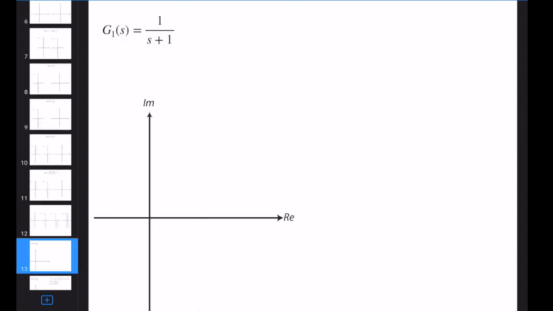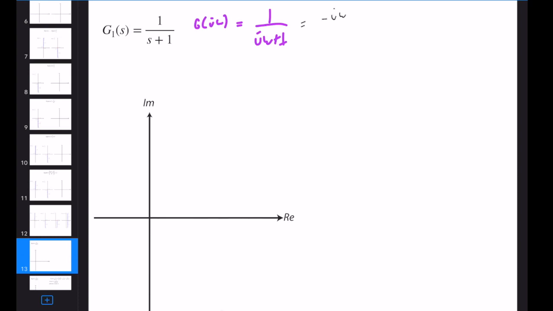For example, let's start with a low pass filter, 1 over s plus 1. So what do we do? s goes to j omega, so G of j omega is equal to 1 over j omega plus 1. Okay, this is good. What we can do is make it easier to understand.